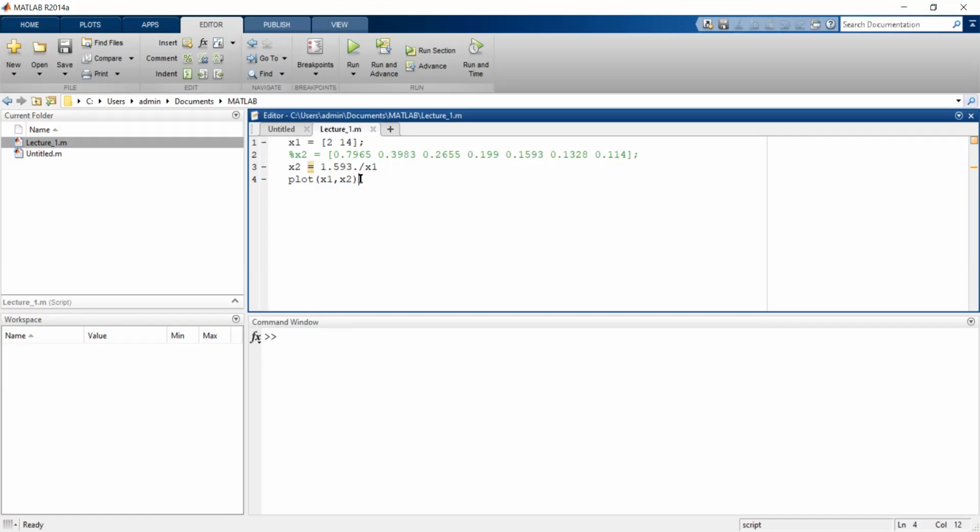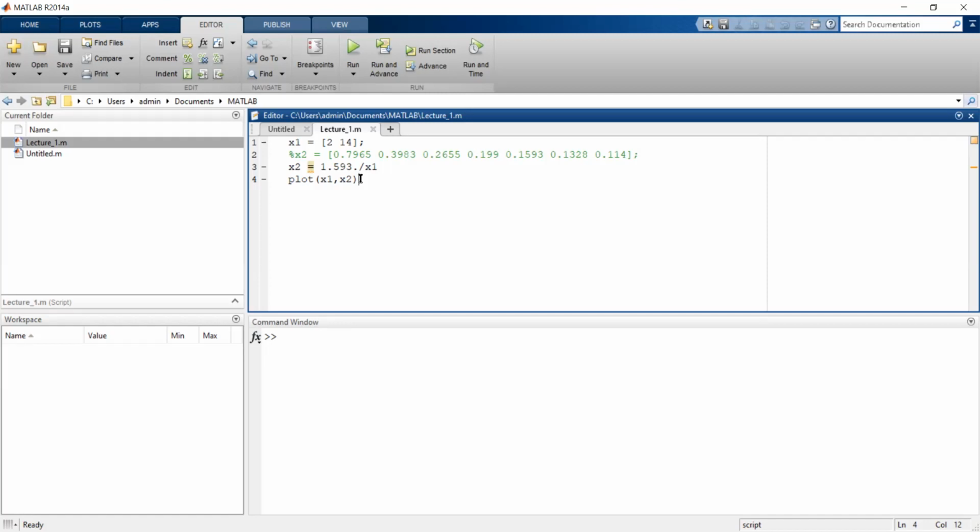Any doubt in this example? Any doubt in this file? Okay. So this is the first step, first constraint that we have plotted.